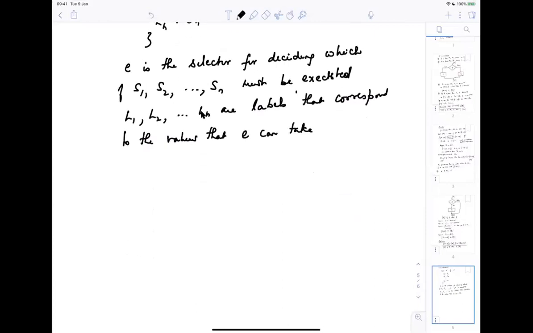So if you want to draw it pictorially again, we have an expression which is getting evaluated. Some inputs are there to this particular expression.